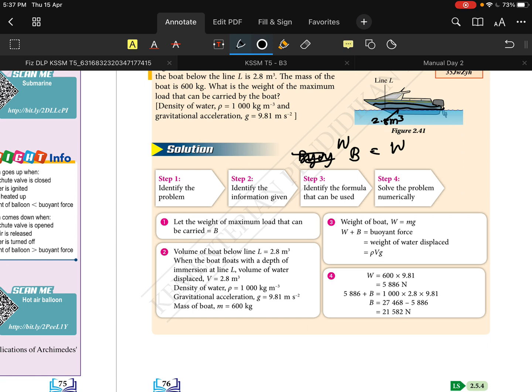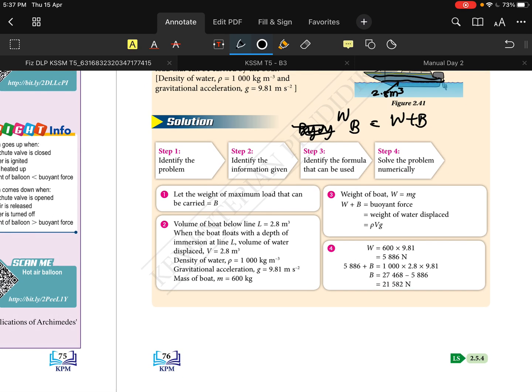So we have to add an extra weight. We call the extra weight that you want to carry B. We want to try and find B. We know that the buoyant force is equal to W plus B because it's in equilibrium, and the buoyant force is rho Vg.